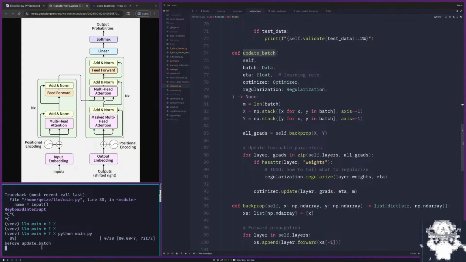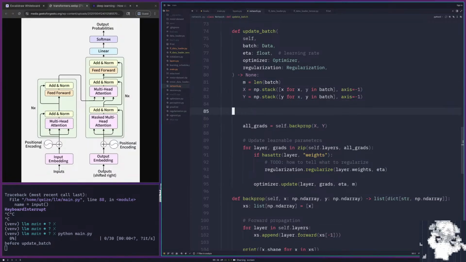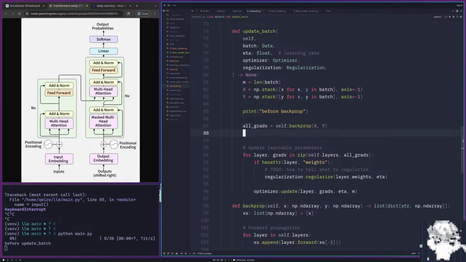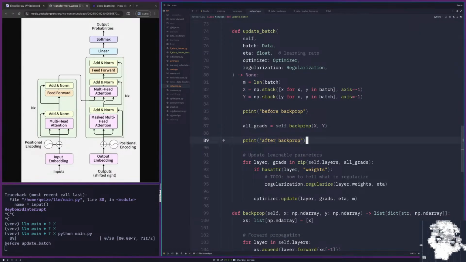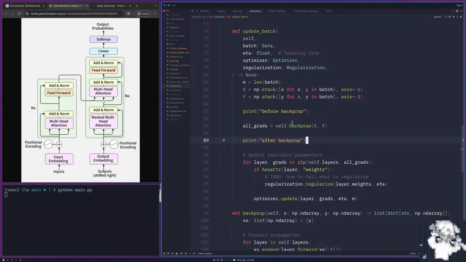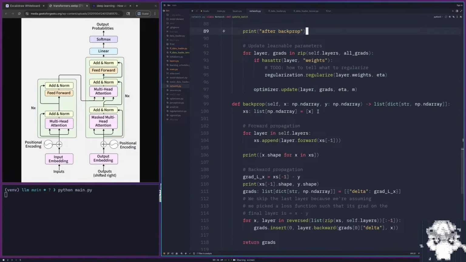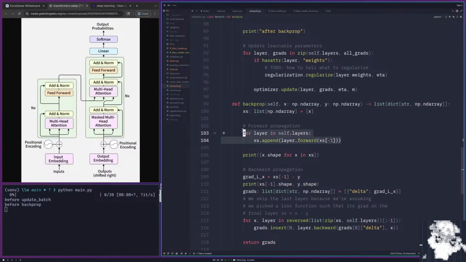So we got to before update batch, but we're not getting to after update batch. Print before backprop. Print after backprop. Kill this. So we are getting stuck here somehow.